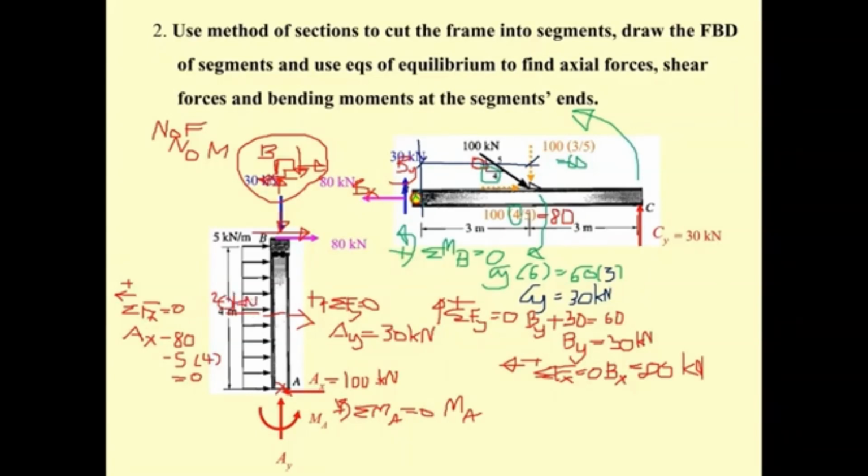This 20 kilonewton times this distance, and this distance is 2 meters. So the M sub A is equal to 20 times 2, and then the 80 is going to rotate in this direction, opposite to M sub A, so it's going to be equal to the 80.